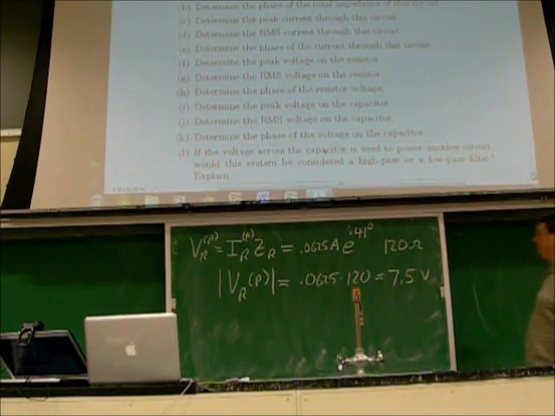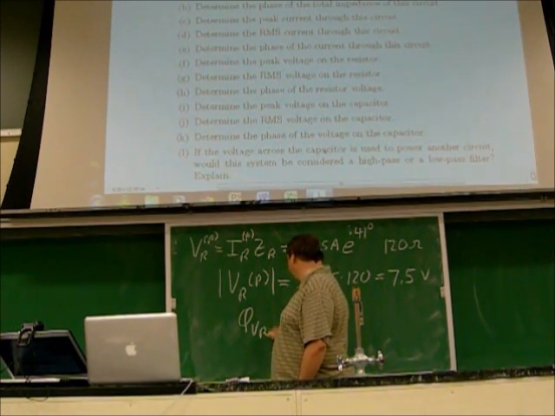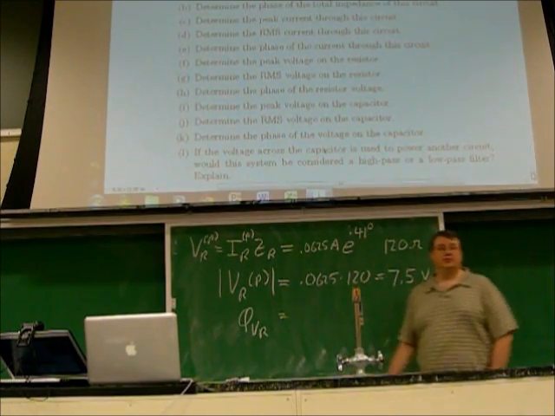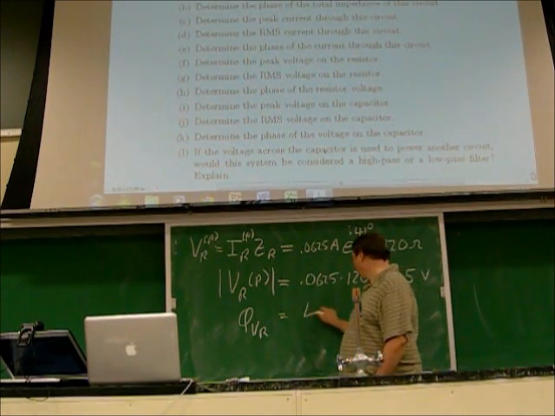And what is the phase of the voltage on the resistor? It is 41 degrees.